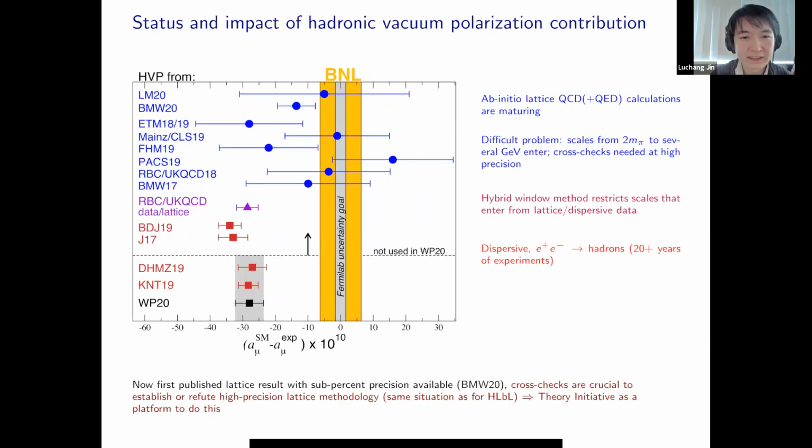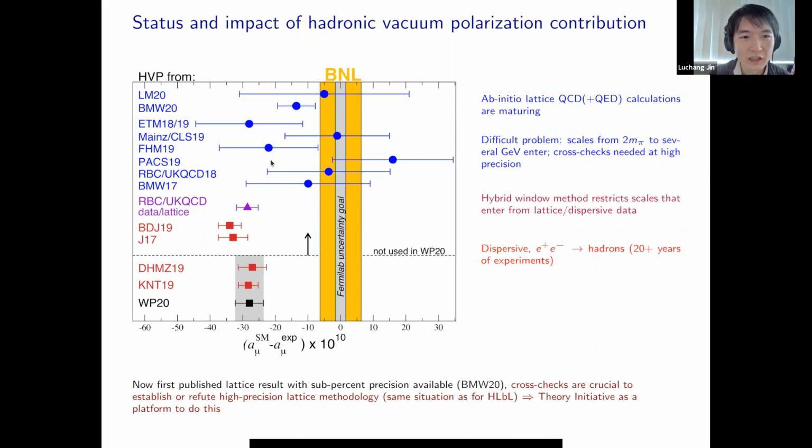So this is the summary plot. This is the combined value of lattice and the R ratio. This is just the R ratio, which enters the white paper, the theory values, which I showed in the beginning of the talk. This is another R ratio calculation, which doesn't enter the white paper.